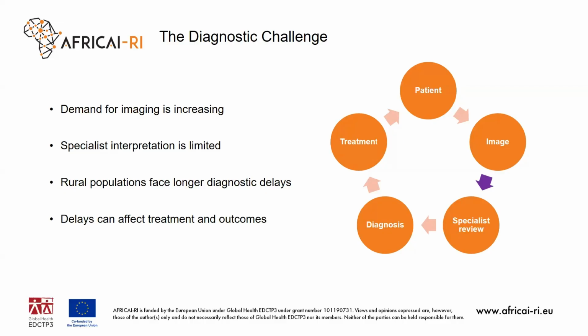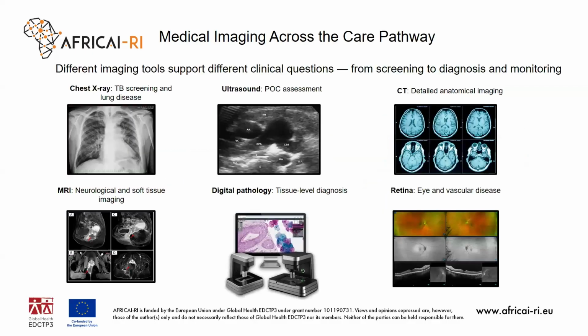Before discussing AI in more detail, let us clarify what medical imaging includes. In this slide, I bring a variety of image modalities. There are more than this, just an example that I brought here: chest X-ray, ultrasound, CT scan, MRI, digital pathology, and retinal imaging.